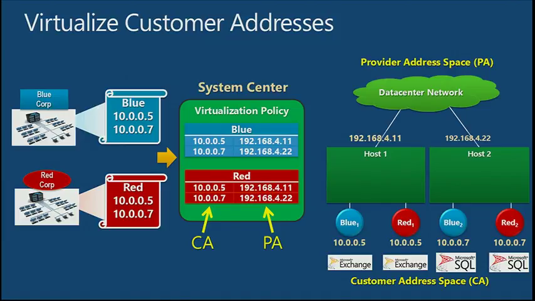We say blue, when it's talking out on 10.0.0.5, is effectively hidden behind 192.168.4.11, and same for red. So we end up with a mapping between customer address space and provider address space. We have a copy of those mapping tables sitting on those hosts, and they know what to do with that traffic.